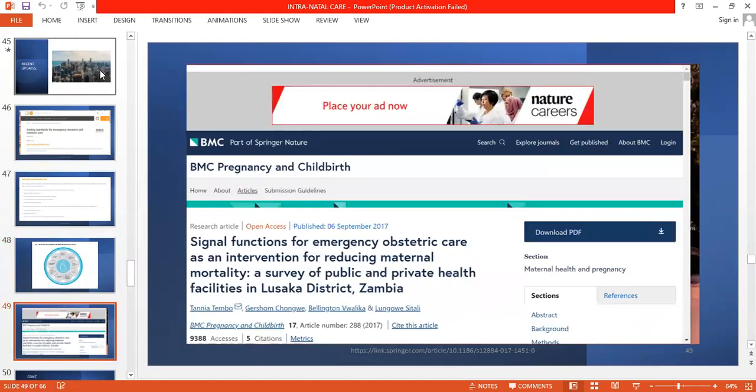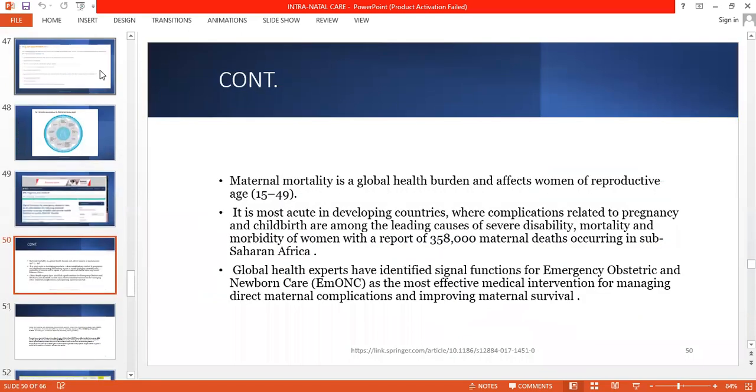This is one of the articles related to the signal functions for emergency obstetric care as an intervention for reducing maternal mortality. The main findings discussed in this article are: maternal mortality is a global health burden and affects women of reproductive age.